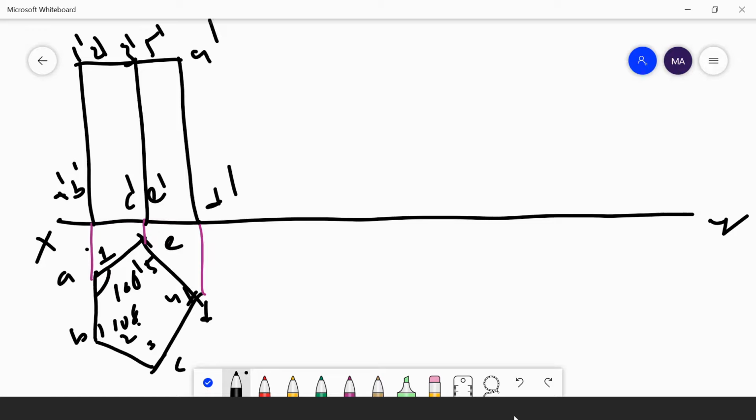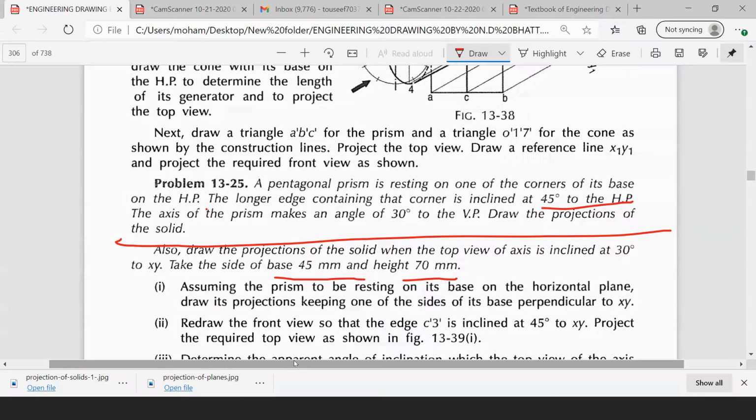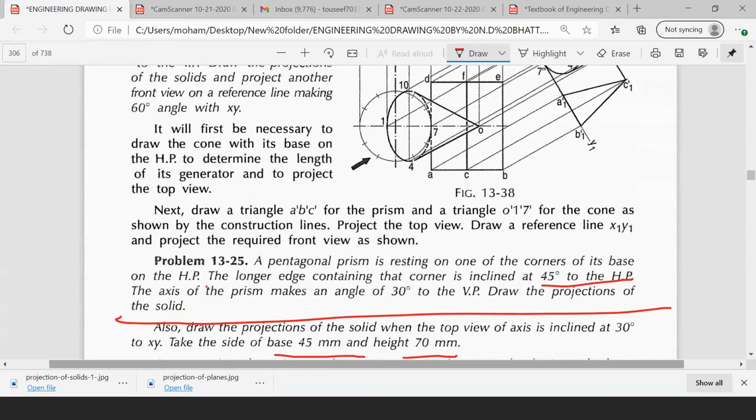Now he is saying that the longer edge containing the resting corner is inclined at 45 degrees to HP. Inclined to HP means draw the inclination. What is the resting corner here?